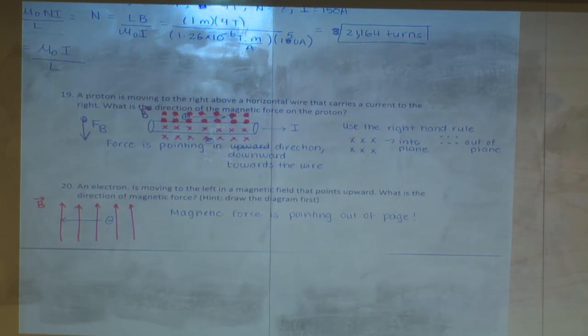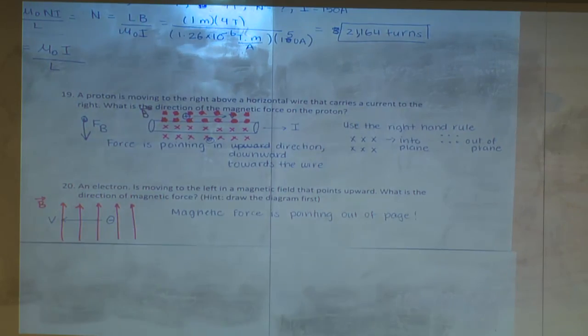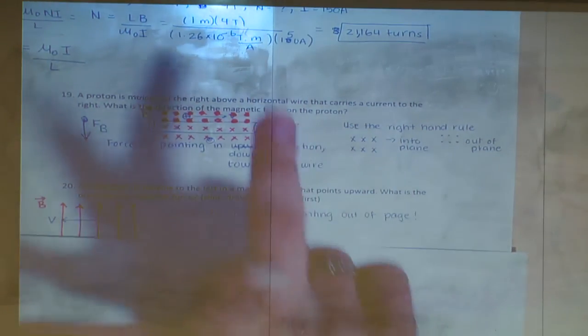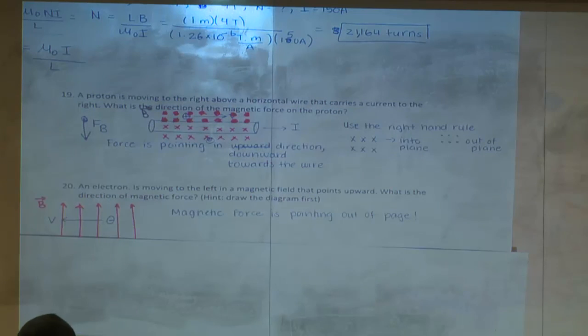So the velocity is towards the left, and the force is pointing into the page, but it's an electron, so it's going to point out of the page, right? Cool.